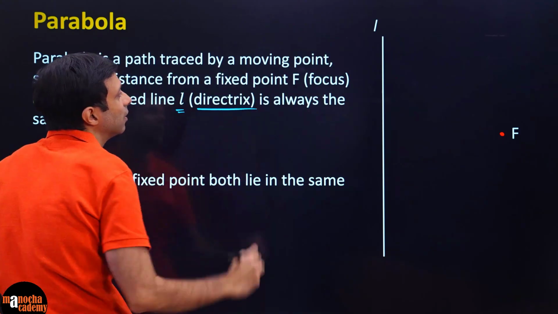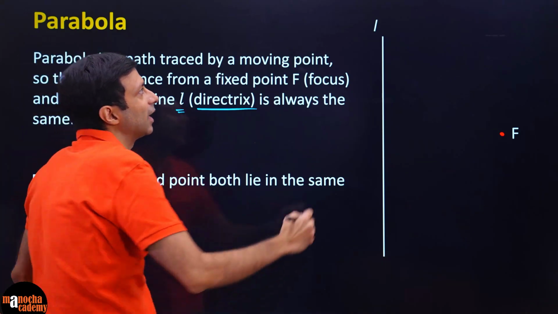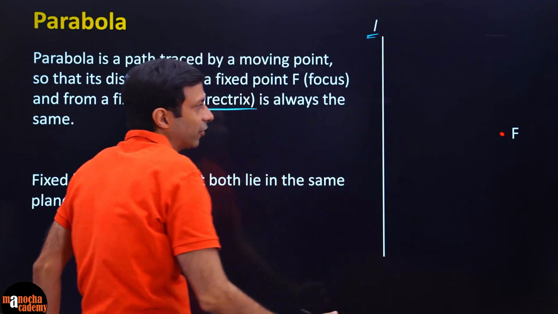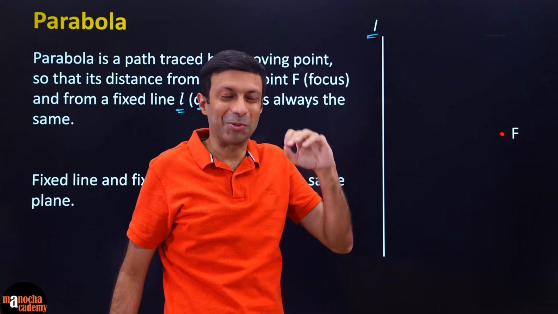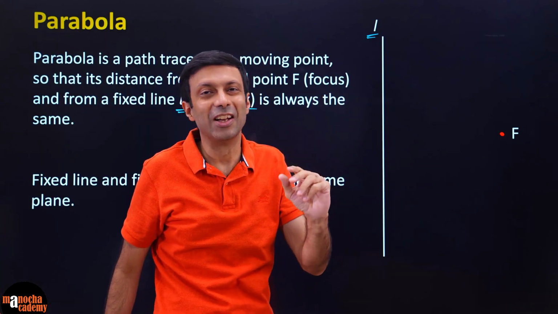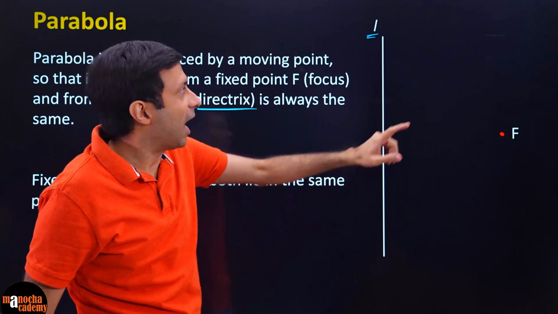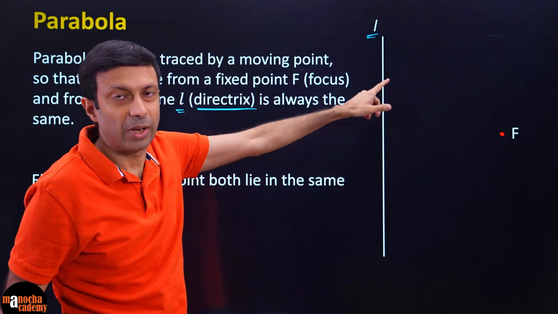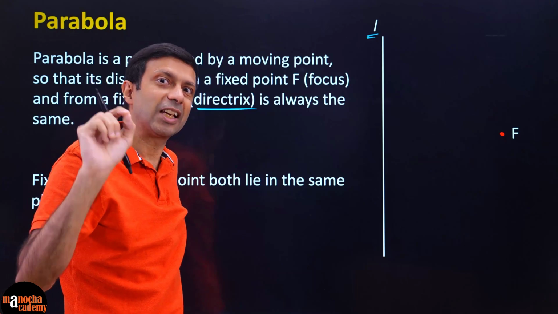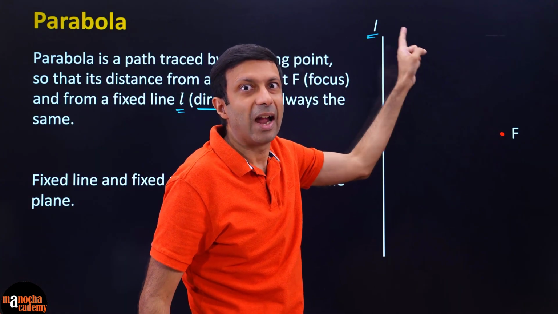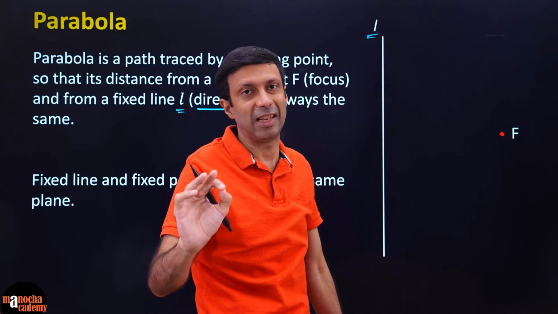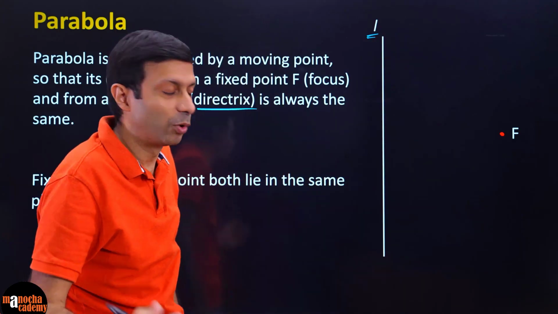So we have our line L here, and this is typically called the directrix. Now imagine we have a firefly. That's my favorite insect, the glowing one. Imagine the firefly is moving in such a way that the distance from this fixed point and the line is always the same. Let's visualize it. How will it move?